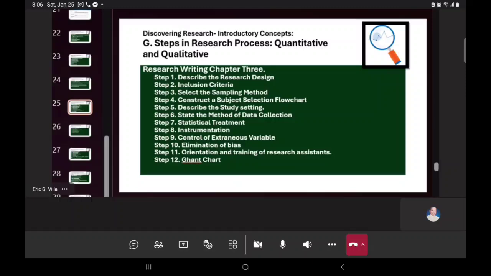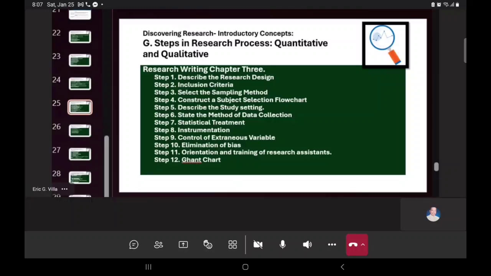Study environment and data collection are within steps 5 and 6. The study setting description provides context for where the research will take place, considering environmental factors that might influence the results. This connects directly to data collection methods, outlining specific techniques and procedures for gathering information.